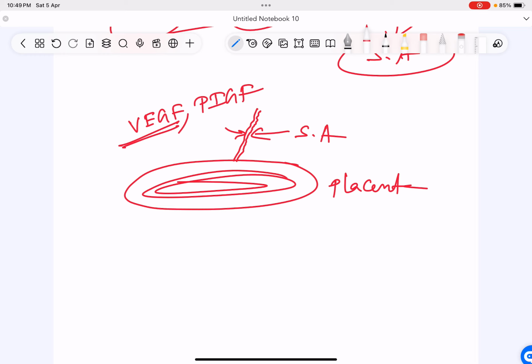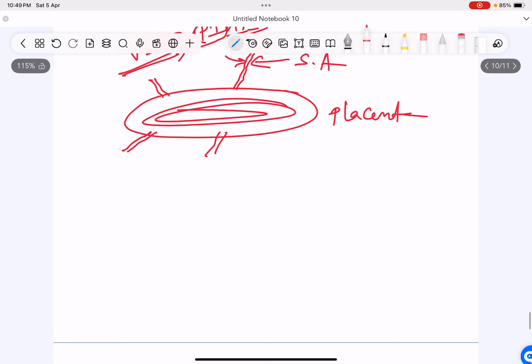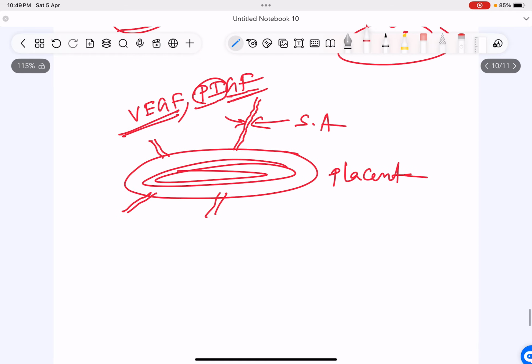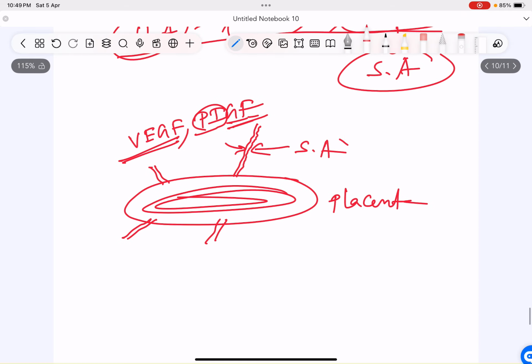VEGF तो पता है ना, vascular endothelial growth factor. PIGF is nothing but placental growth factor. ठीक है. So these are the angiogenic factors. They are supposed to make the placenta more vascular, bring more blood supply to the placenta. But the catch over here is when the spiral artery do not undergo the remodeling, so उतना ज़्यादा oxygen supply नहीं हो रहा है. Oxygen supply कम है अभी, reduced oxygen supply to the placenta.